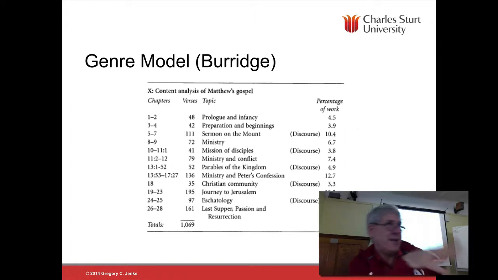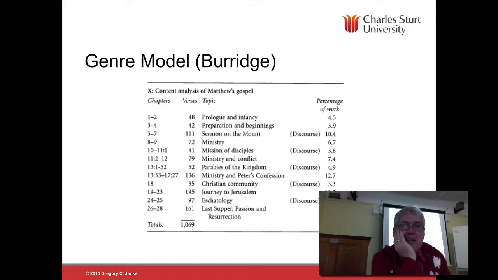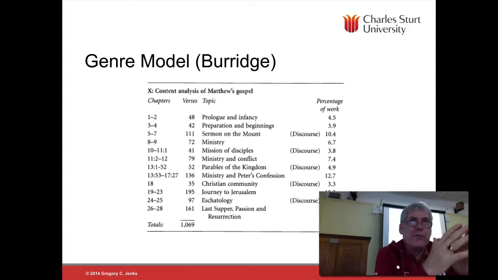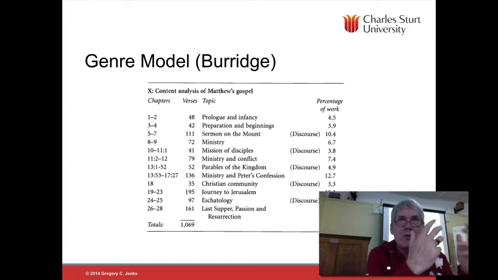And I only added this in this morning after chapel, so this is not in the handout. But it occurred to me, hang on, if we're doing all this stuff about structure, surely if the basic genre is that we're dealing with biography, then that has to affect the structure of Matthew's gospel as well. How does Matthew do that?